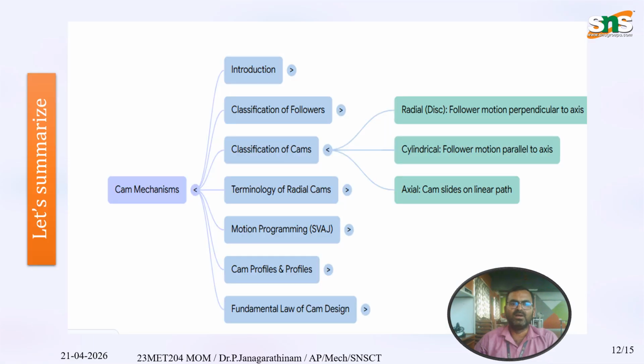This is the overall summary of today's video: the cam mechanism, what cams are, the different types of cams, the different types of followers, and how we select the cam and follower based on the application.